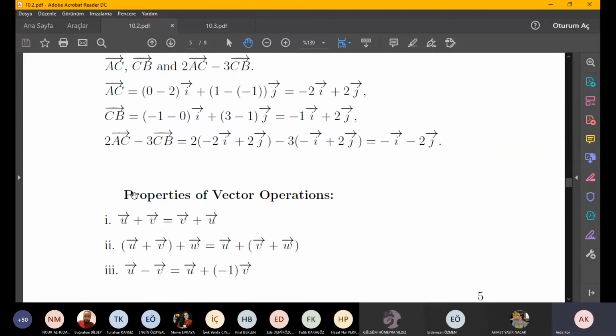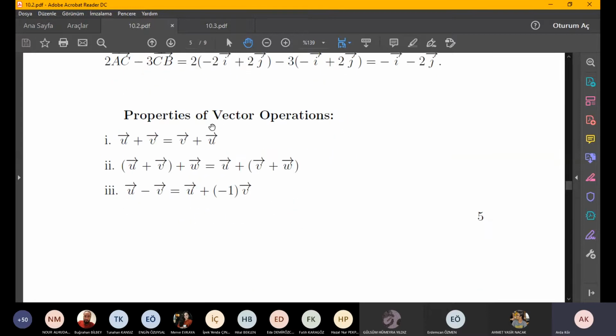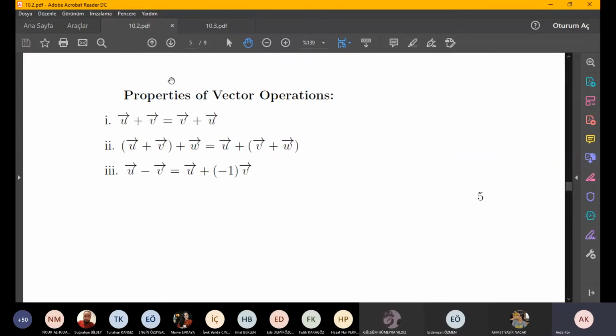So, what are the properties of vector operations? Here, those vectors can be in any dimension greater than or equal to 2. So u, v, and w are vectors, let's say, in general. u plus v is equal to v plus u.